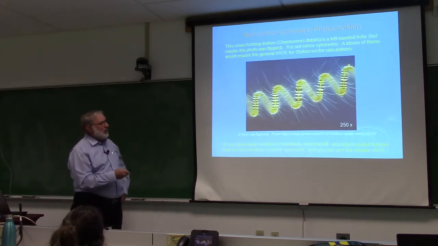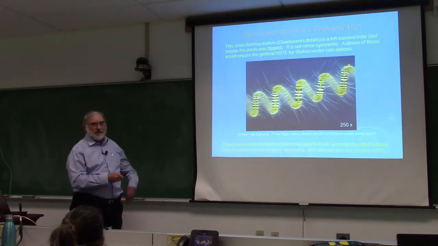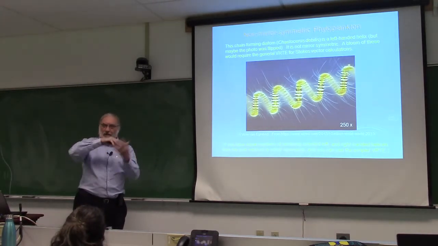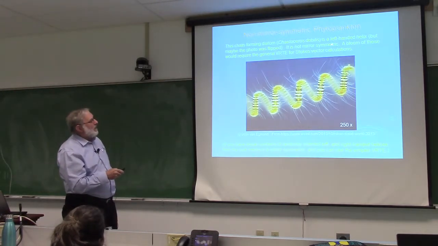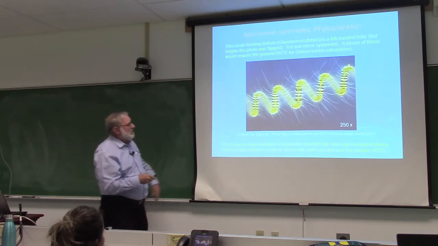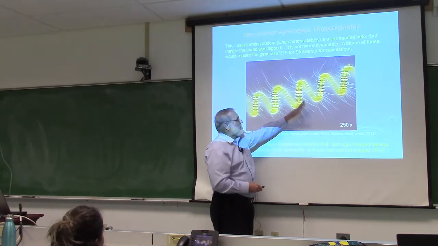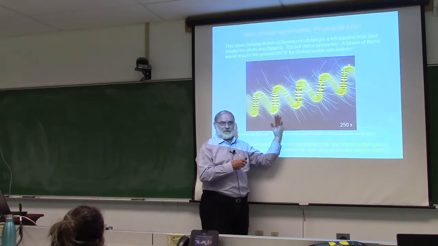This guy looks like a left-handed helix, and he is not mirror symmetric. If you flip a helix in the mirror, you can't rotate it and get back to the original helix. Now, I say it's a left-handed helix, but maybe this photograph has been flipped, in which case maybe the real thing was a right-handed helix.